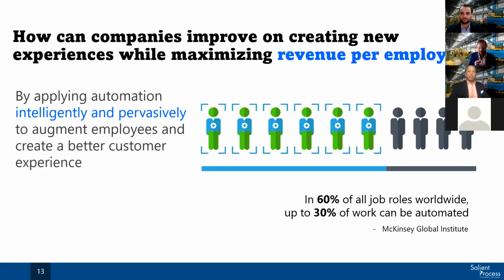So by removing these mundane tasks that aren't adding value, we free people up to engage in more value-adding activities. And these are really the kind of things that humans do best and like to do. Things like designing better products or improving processes, or as the slide calls attention to, creating better experiences for your customers.